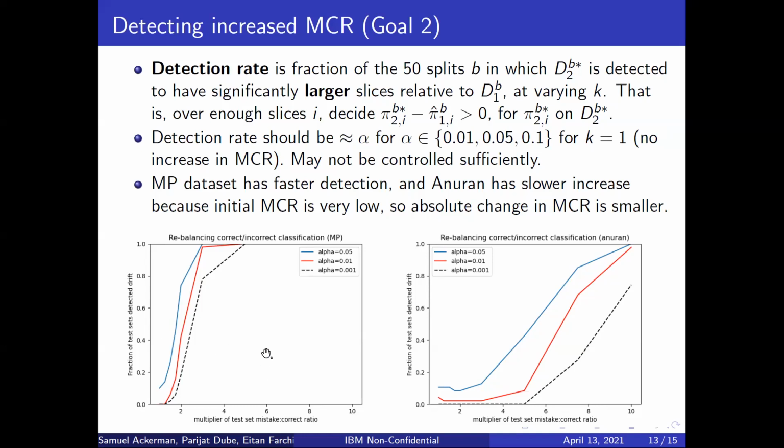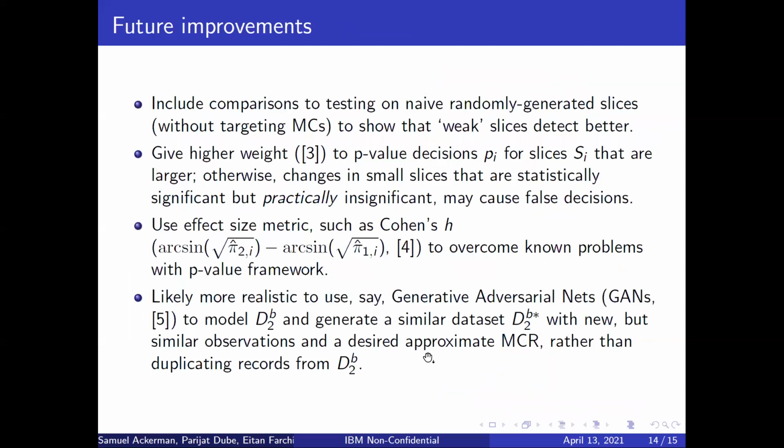The left one here is the MP data set, and the right is Uneron. Uneron started with a lower overall MCR, as I showed before, so it takes a higher multiple K to end up detecting it. So there's some effect depending on the data set's initial MCR as to how fast you can detect it with this, at least under these simulations.